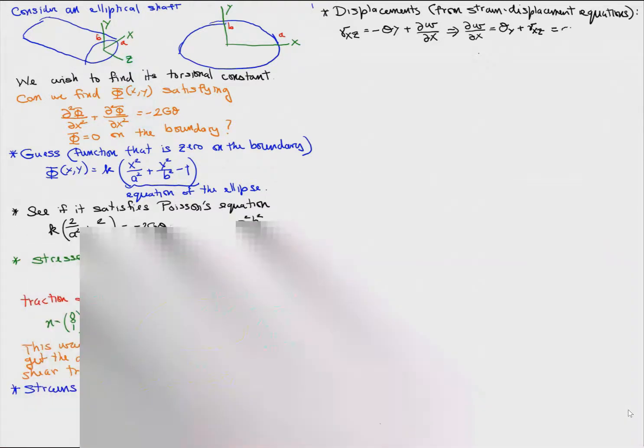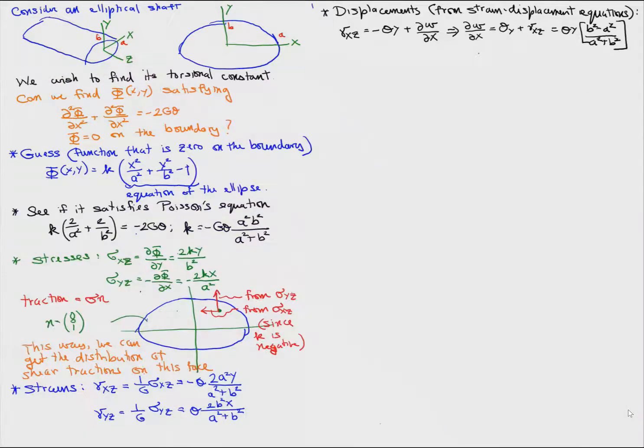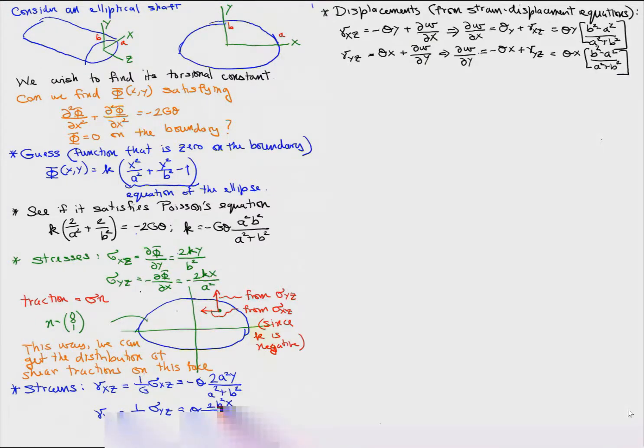So we know that gamma xz is minus theta y plus dw by dx. If we move things to the other side, we get an expression for dw by dx. Similarly, we get an expression for dw by dy starting from gamma yz.